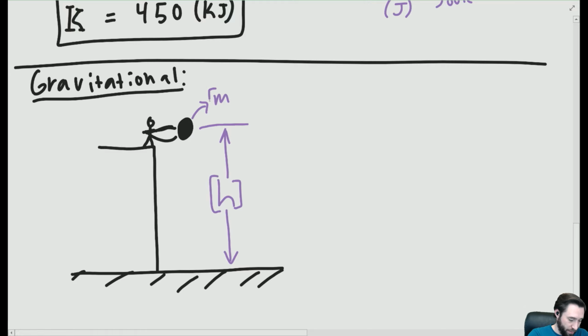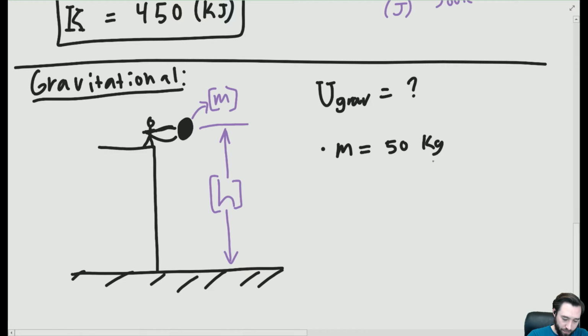So it has a height, it has a mass, and my objective is to figure out what the gravitational potential energy is. I'm going to claim that the mass has a value of, we'll say, 50 kilograms, and the height is, we'll say, 100 meters.